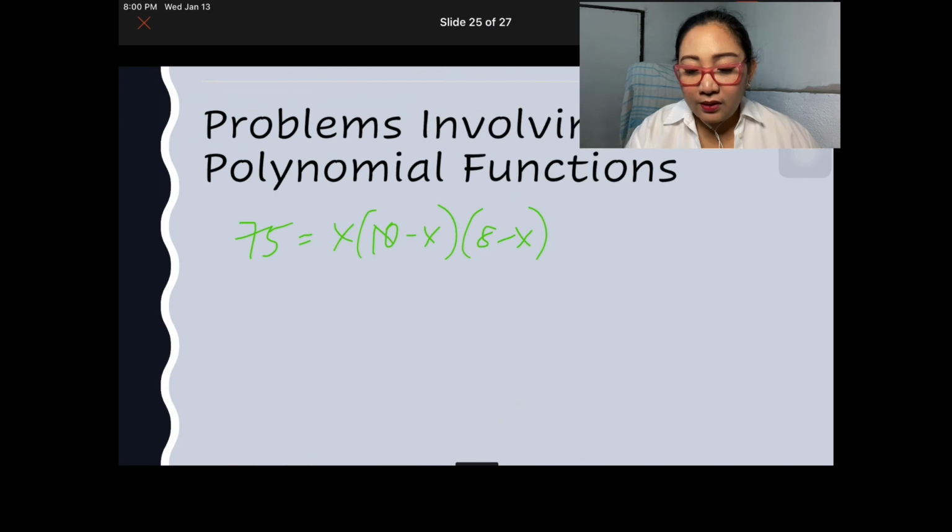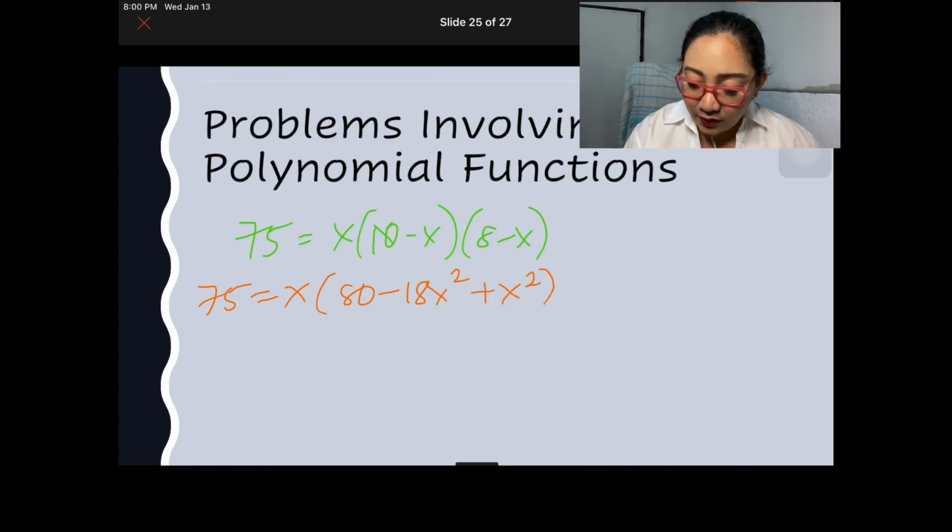We will multiply. So, 7x is equal to x times, meron tayong 80 minus 18x plus x squared. Tapos, dadagdagan lang natin ng x yan bawat isa. Oh, sorry, hindi siya 7x. 75. So, 75 equals 80x minus 18x squared plus x cubed.